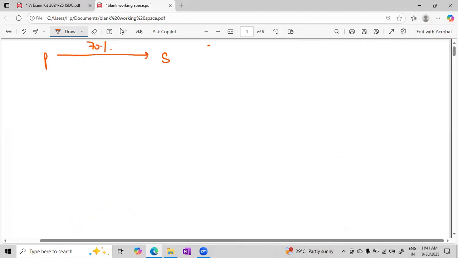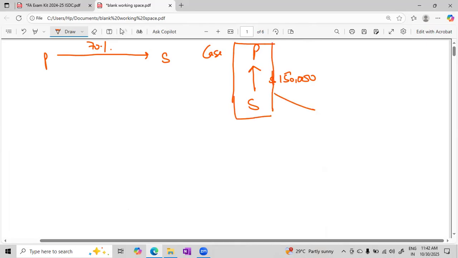Now we are given a case where S has sold goods to the parent company, which means it is an upstream transaction. S has sold goods to P. The revenue which has been recorded is 1,50,000. P and S are part of one group only, because P has acquired S. So the sales which S has made to P are intra-group sales.